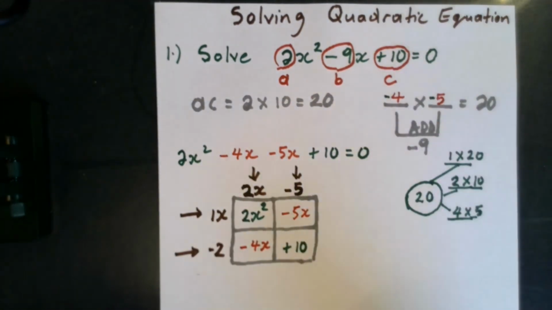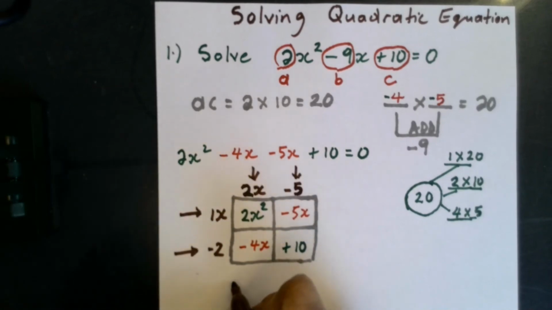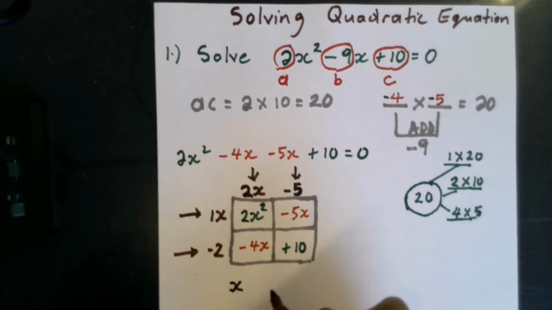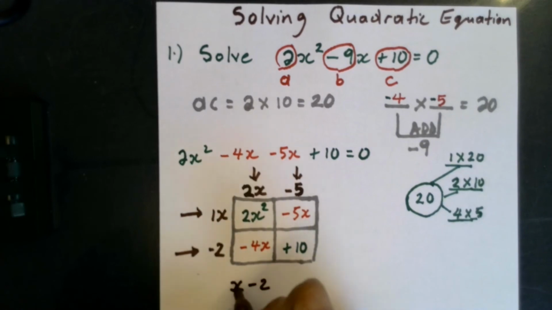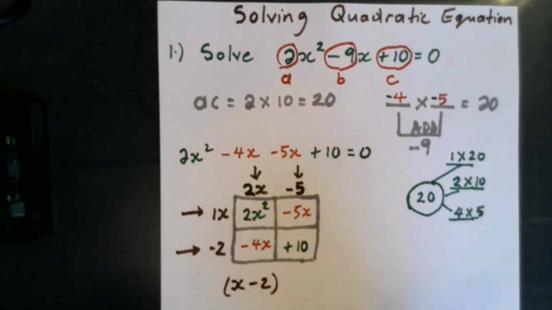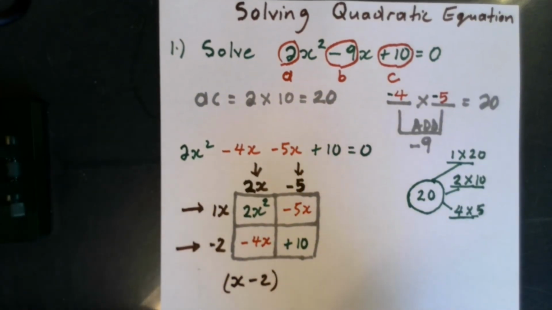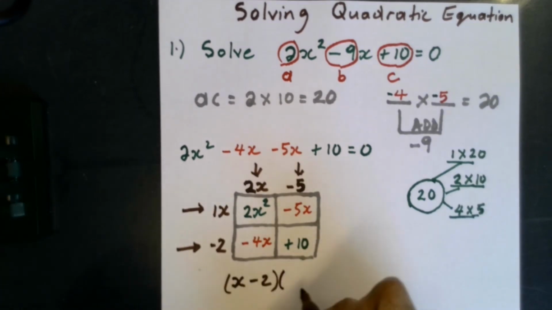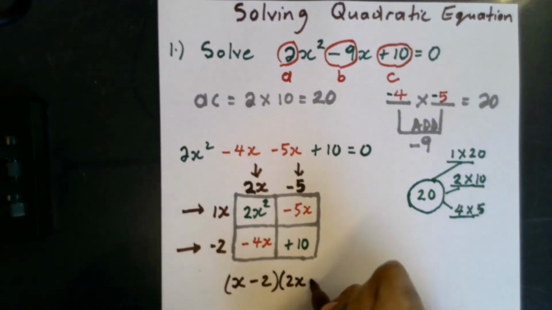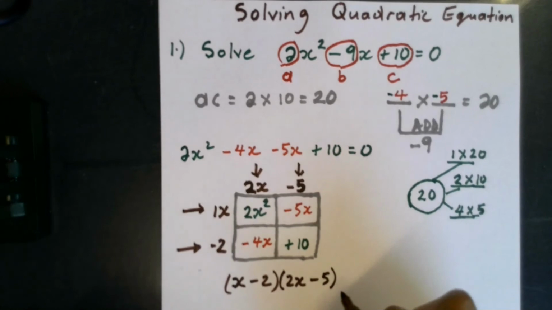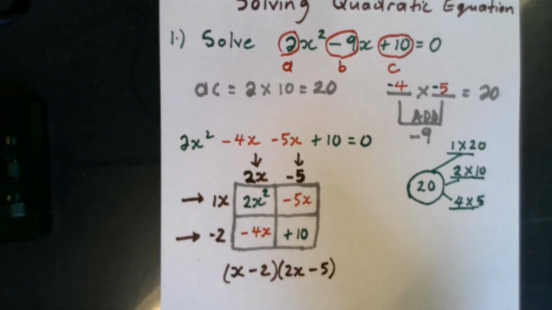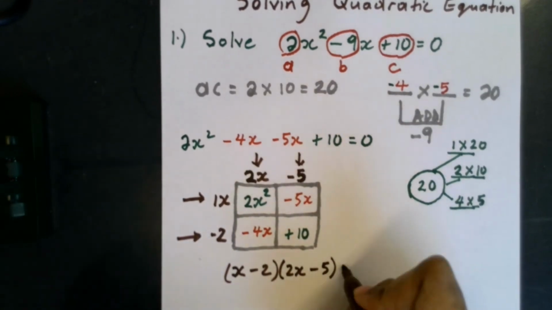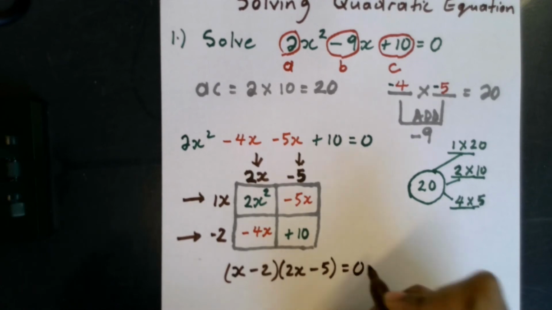And I'm going to write my factors: x, take away 2, parentheses, times 2x take away 5, and we are dealing with an equation, so it's equal to 0.